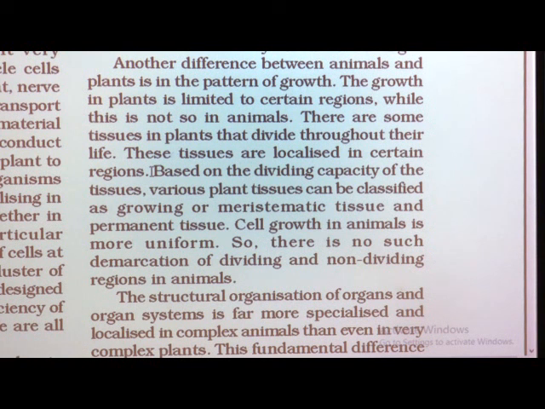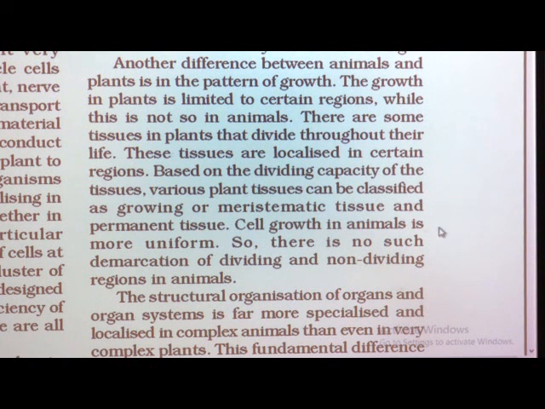Now, based on the dividing capacity of the tissues, various plant tissues can be classified as growing or meristematic tissue and permanent tissue. So, these are the two main types of tissues in plants. One is meristematic tissue, which is also called growing tissue, and the second one is permanent tissue.